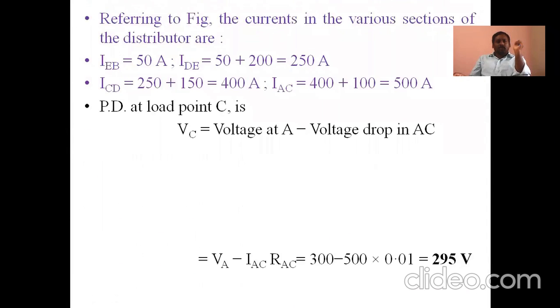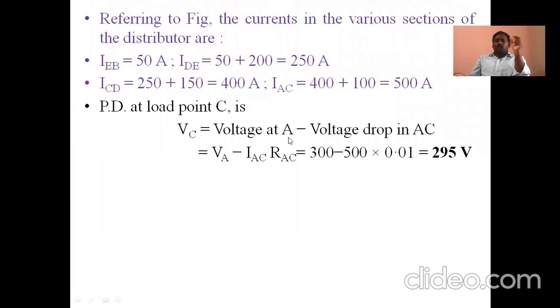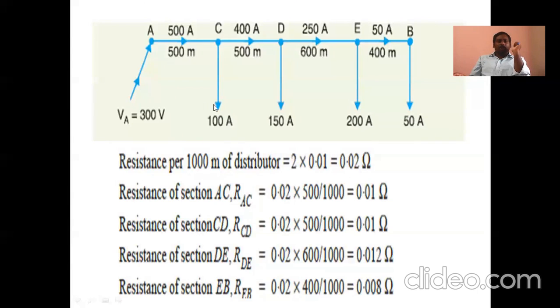We want the potential at C, and this is VA. VA minus VC is equal to VAC, but we want the potential at point C, so VA minus VAC is equal to VC.